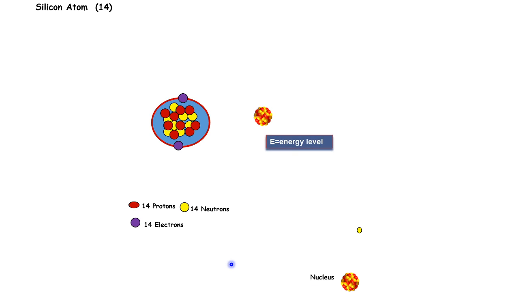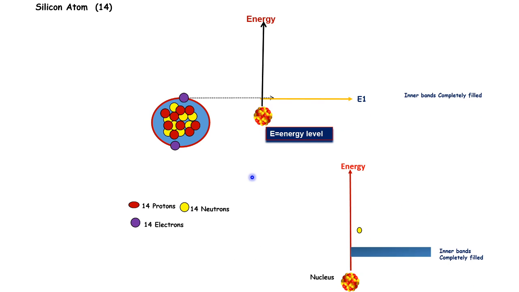And the energy levels will be like this. This is the first orbit, 2 electrons, so this gives us an energy band like this. The first orbit has 2 electrons, and therefore it is completely filled.